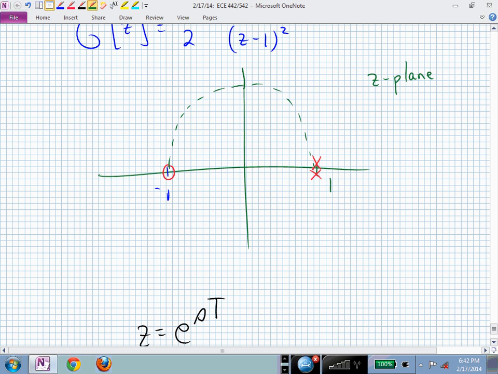So that infinite distance up the axis actually maps around to -1. So that's basically like a zero at infinity in the Z-plane, Z equal -1. That's something that's happening very fast. If you had a pole there, what would happen? If you just had a single pole at -1, it would be positive, negative, positive, negative, wouldn't it? It would be shaking back and forth. Every sample would change sign.